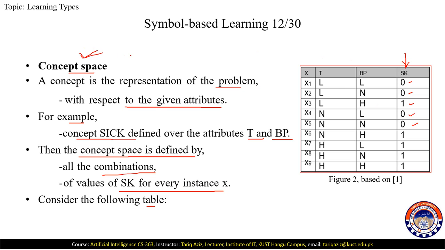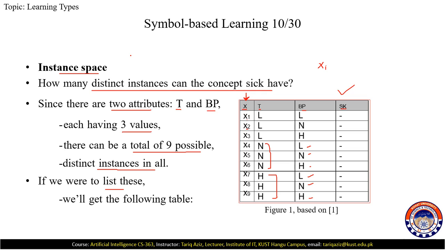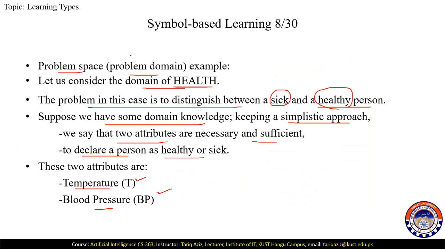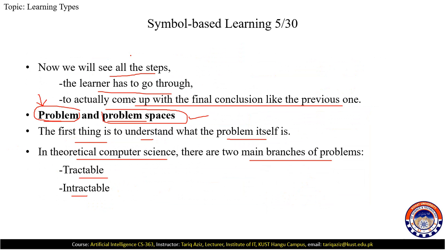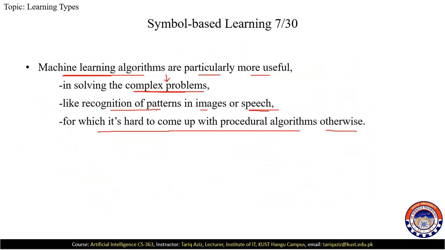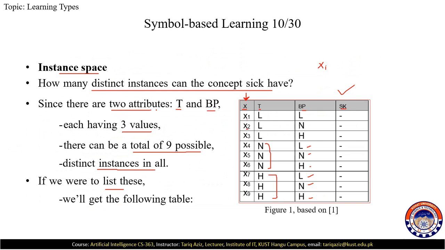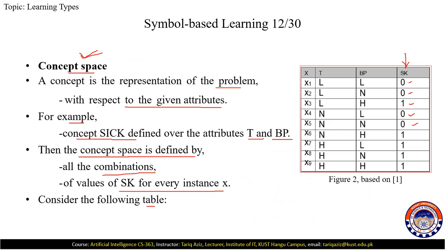Okay. Now, dear students, if you look at the terminologies we discussed, first of all we discussed what is a problem, then we discussed the problem space. Okay. And then we discussed the instance space, and now finally we discussed the concept space.